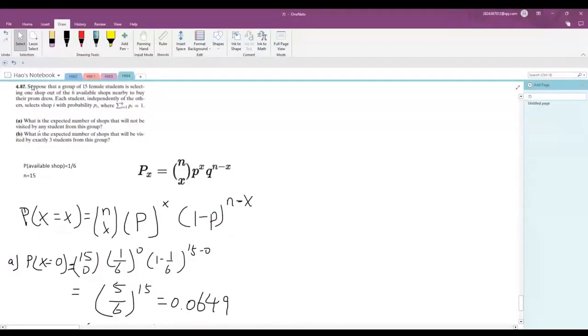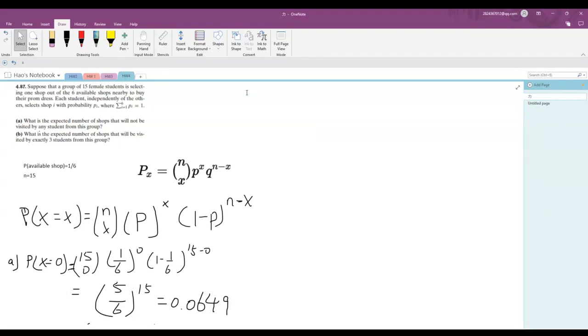I got question number 4.87. Suppose that a group of 15 female students is selecting one shop out of the 6 available shops nearby to buy their prom dress. Each student, independently of the others, selects shop i with probability Pi, where the sum of the 6 Pi equals 1.